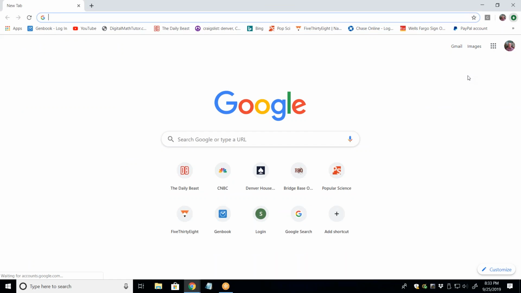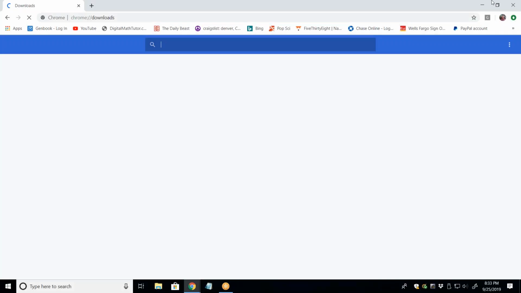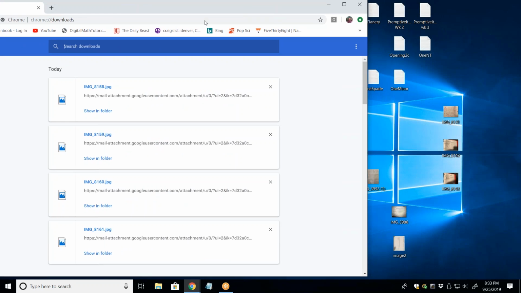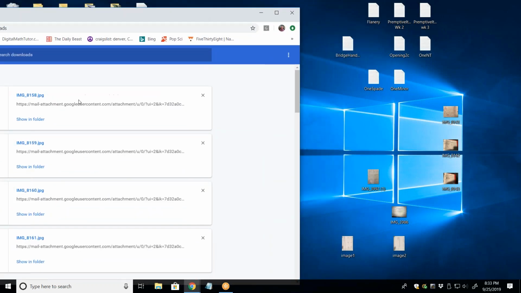Okay, I guess it gives me the same thing. All right, so I downloaded 4 files. Let me put them right here. Probably an easier way to do this, but I don't know what it is. So. All right, there's the 4 files.